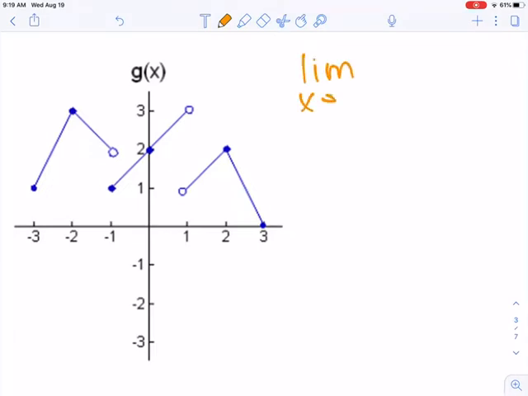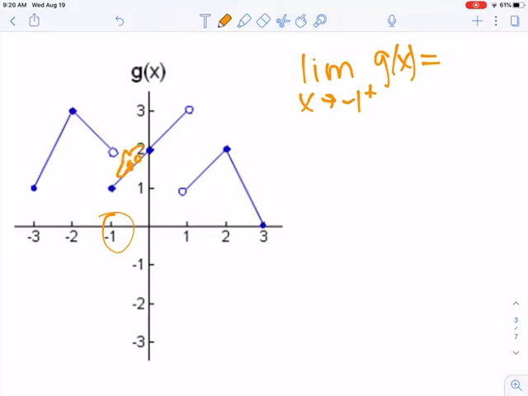So first, I want to ask you for the limit as x approaches -1 from the right. If we are coming from the right, here's -1.